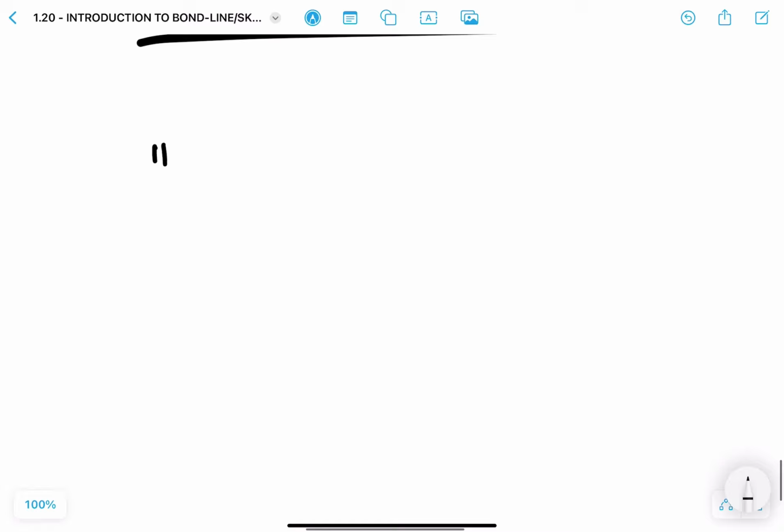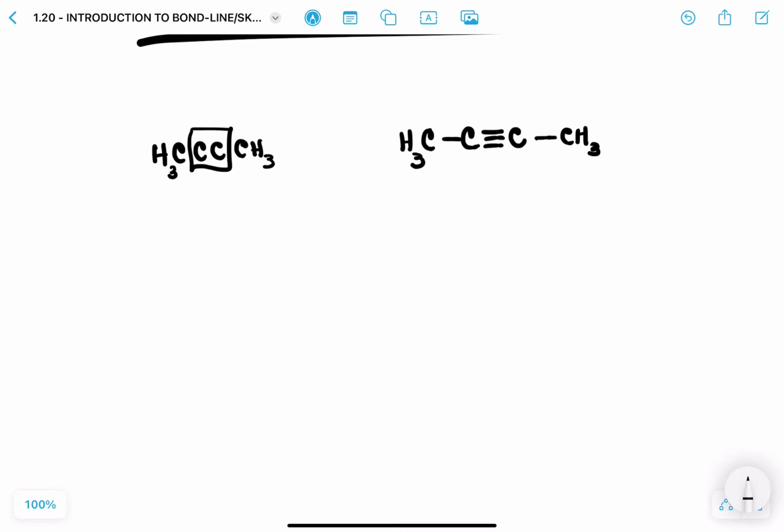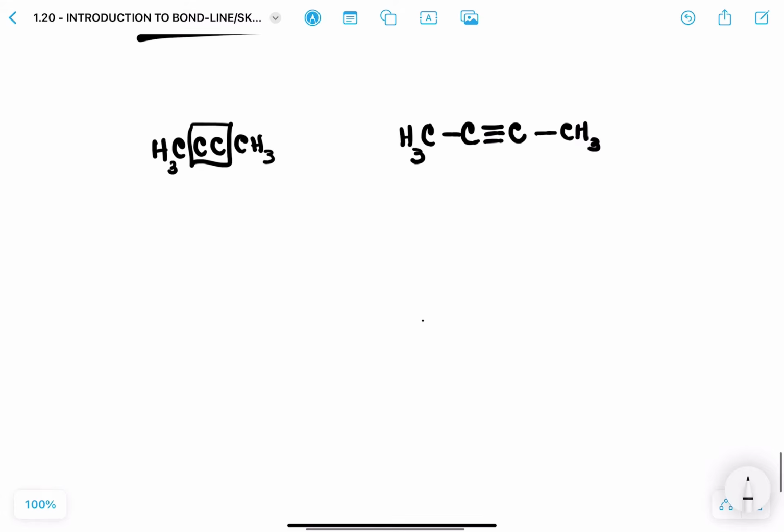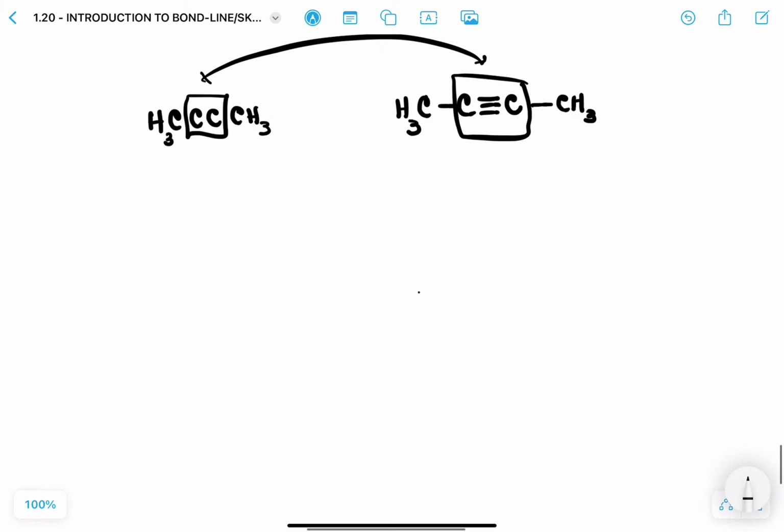So whenever I have CH3, CC, whenever I have a CC in the middle, what that looks like is going to be a triple bond, an alkyne, right? So this is the condensed version of an alkyne.